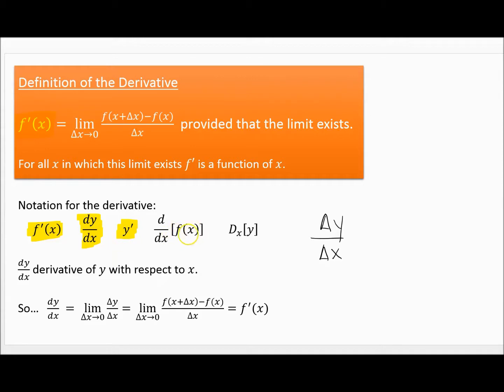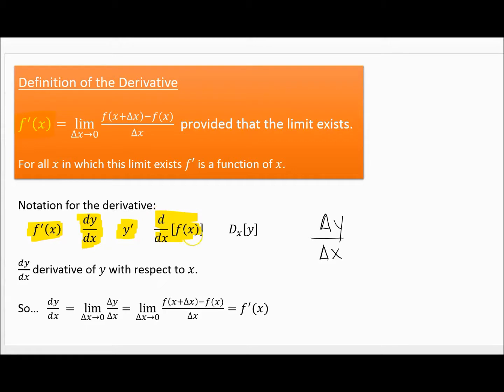Here's something else you'll see later down the road. It's the derivative of f of x with respect to x. Again, with respect to x or dx, I've read it two different ways, but this is the derivative of y with respect to x, or dy over dx. You'll hear it both ways.